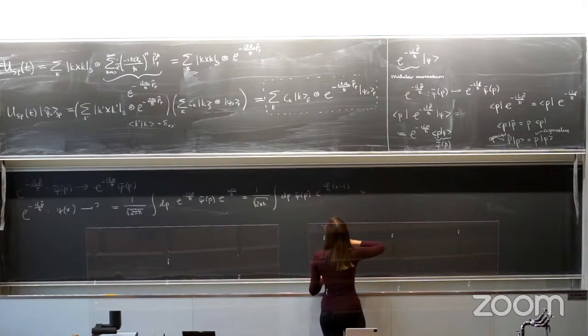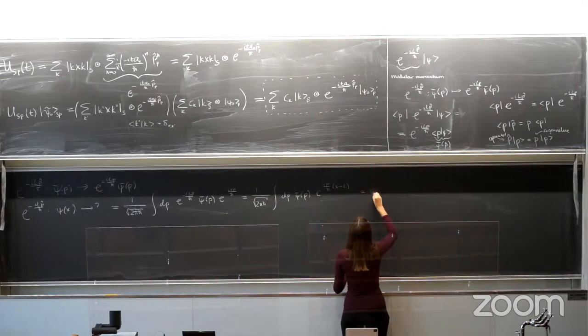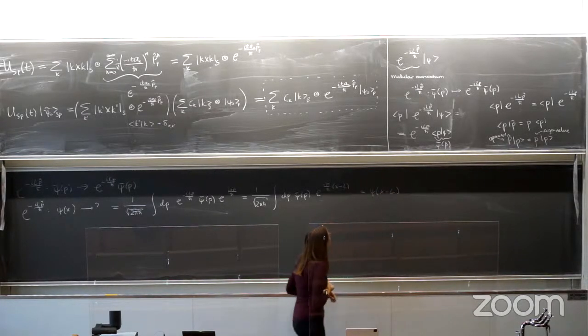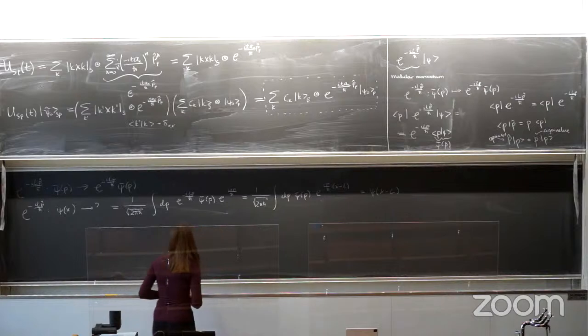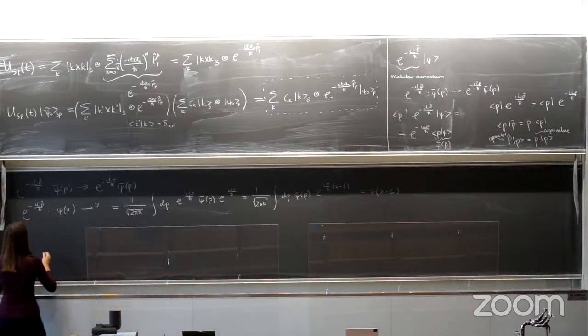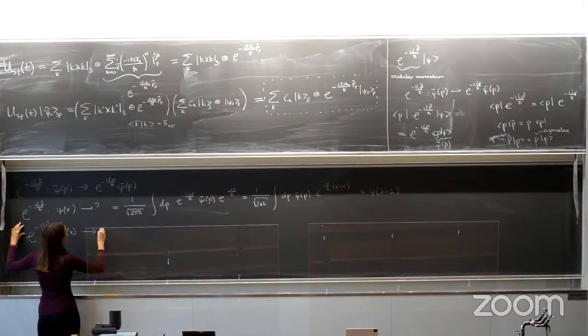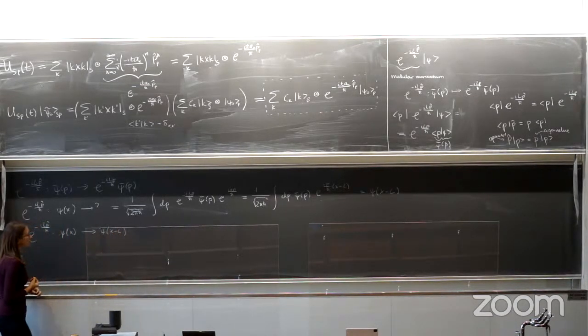By definition this is psi of x minus L. So this modular momentum operator maps psi of x to psi of x minus L. Great.